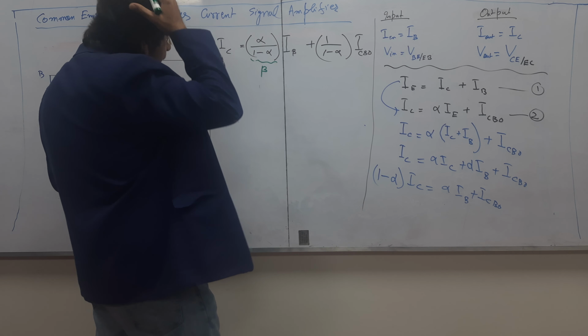If I add 1 to beta, beta plus 1 will be alpha divided by 1 minus alpha plus 1, so beta plus 1 will be equal to 1 divided by 1 minus alpha.